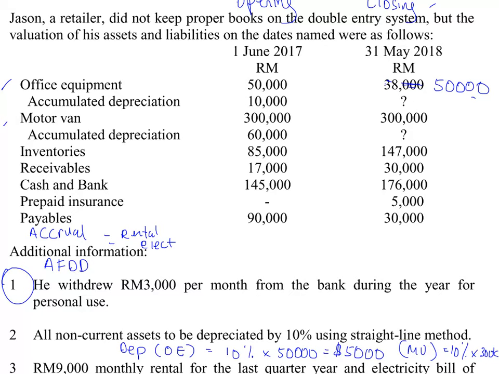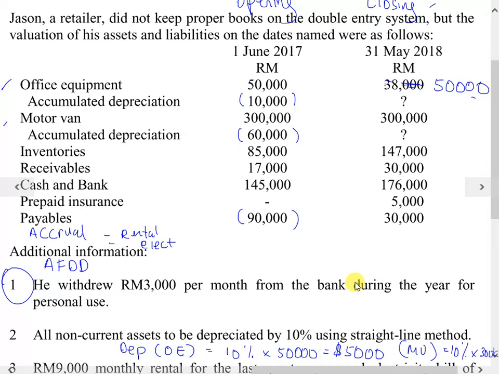Plus, minus. How much? 437,000. Prepare the statement of affairs as at 1st June.